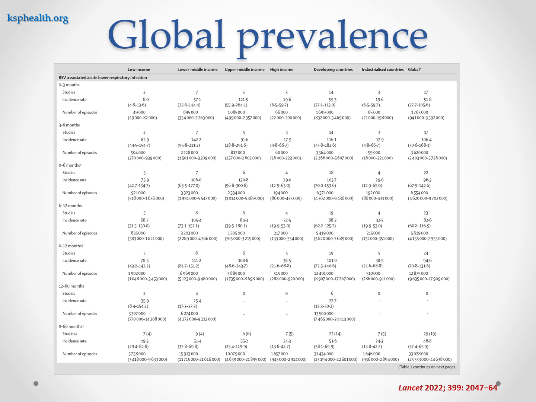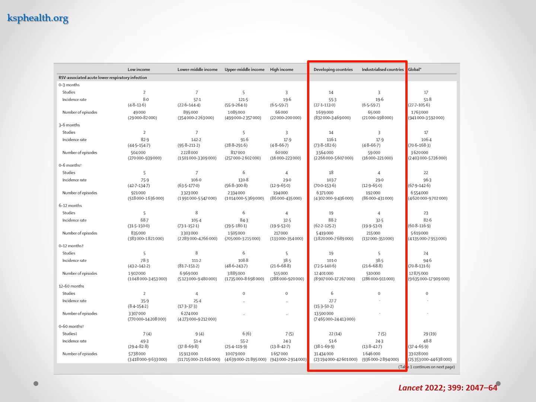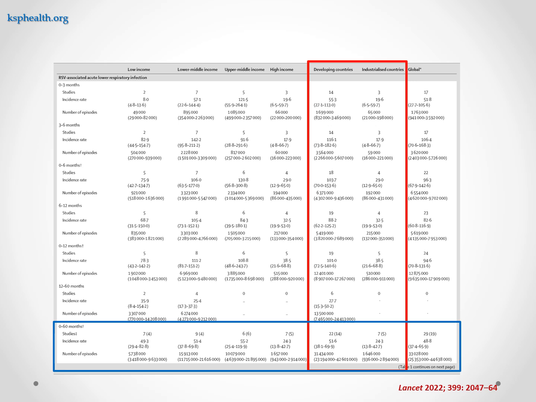Let's look at the global prevalence published in Lancet 2022. I'd like you to focus on these two columns, developing countries and industrialized countries. It is separated by different ages. I want you to look at 0 to 5 years of age.